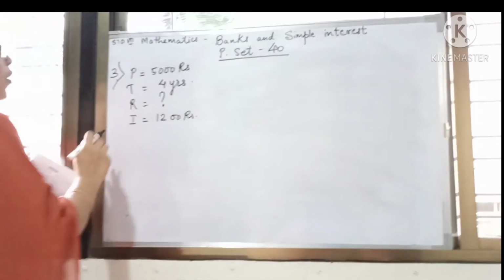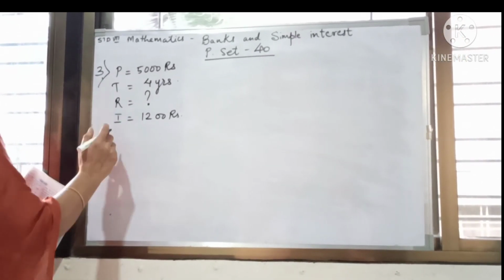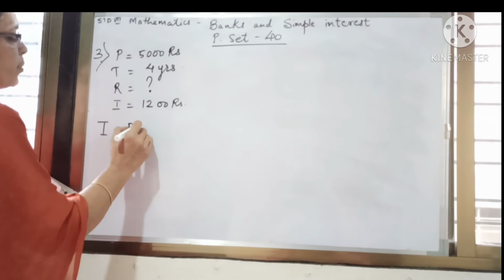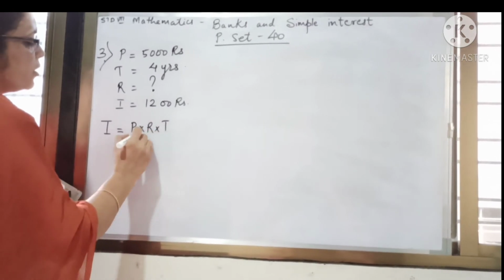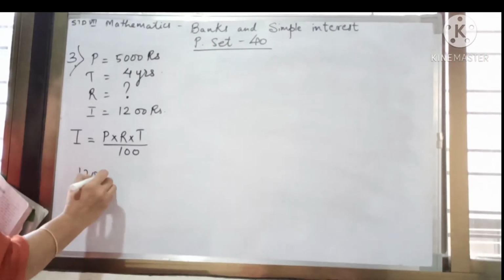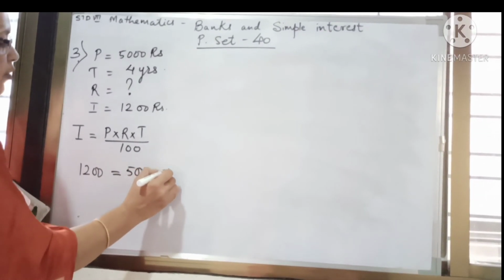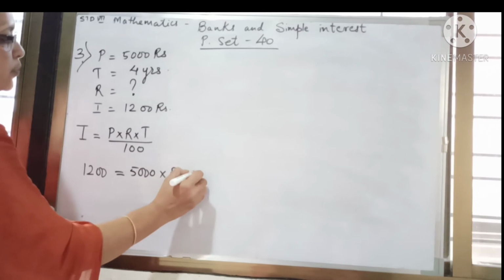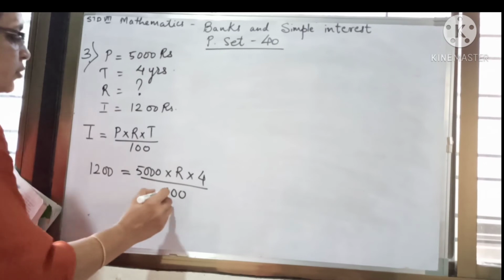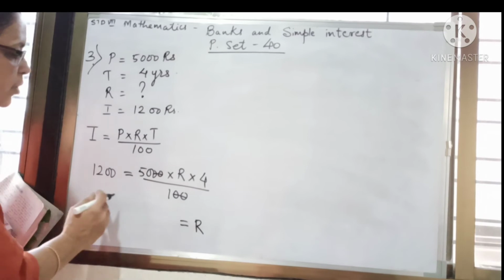So from the formula of simple interest, we will find out the rate first. So formula we will write, simple interest is equal to P into R into T upon 100. So interest 1,200 is equal to principal is 5,000, rate you don't know, then number of years is 4 upon 100. These two zeros cancel. Now you take R to one side and the numbers to the other side.